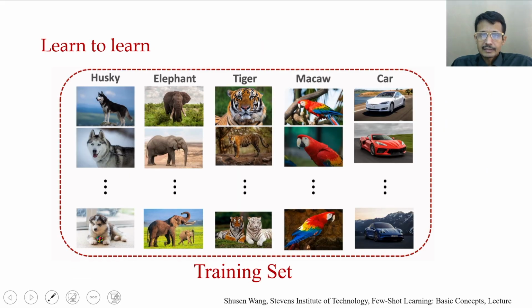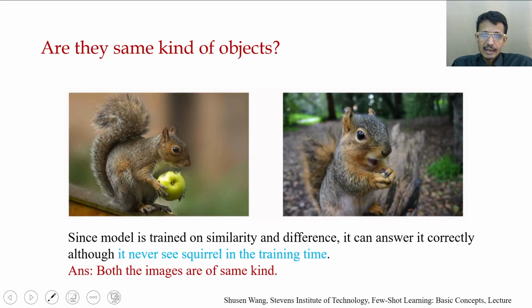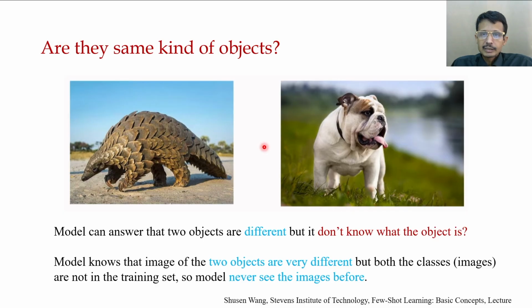It has learned, given two images, what is a similar image or a different image. By virtue of this learning, it can say, okay, both images are the same kind. If it is given these two, it will say no, it's not the same, it's a different image.